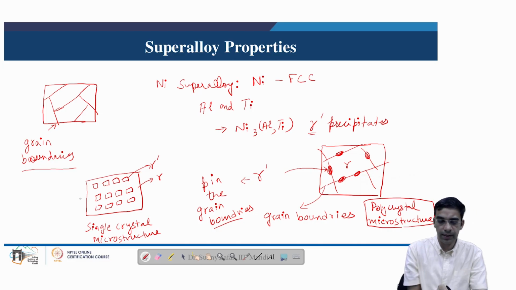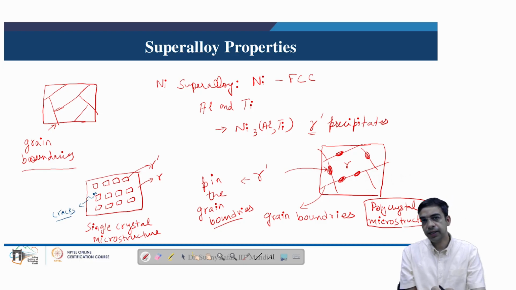Now what happens when these precipitates are present in the single crystal microstructure, in a case where there is some sort of a crack generated upon failure? When this crack encounters the presence of these coherent precipitates, these precipitates deflect the crack in some other direction from the one in which it was propagating, and deflection of the crack reduces the crack energy and the further progression of the crack is arrested.